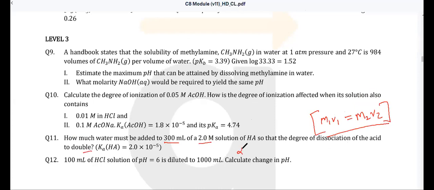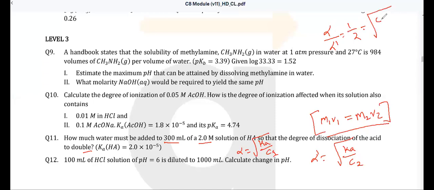First calculate alpha, which is basically root Ka by C, this is the old C, C1. Now alpha dash is root Ka by C2, and it is given that alpha by alpha dash is 1 by 2, which is basically root C2 by C1.